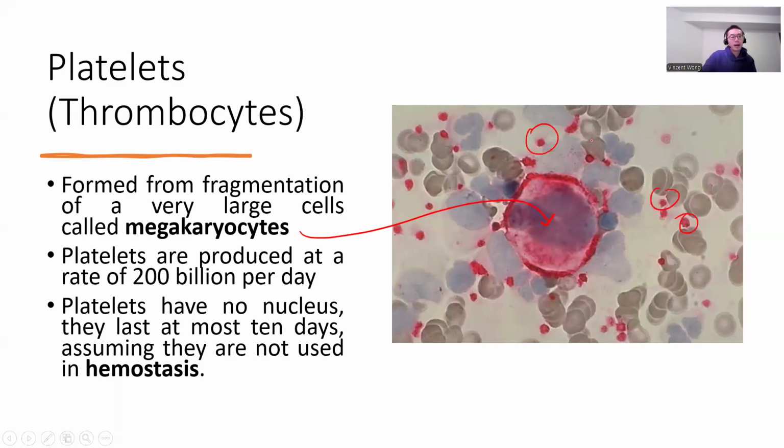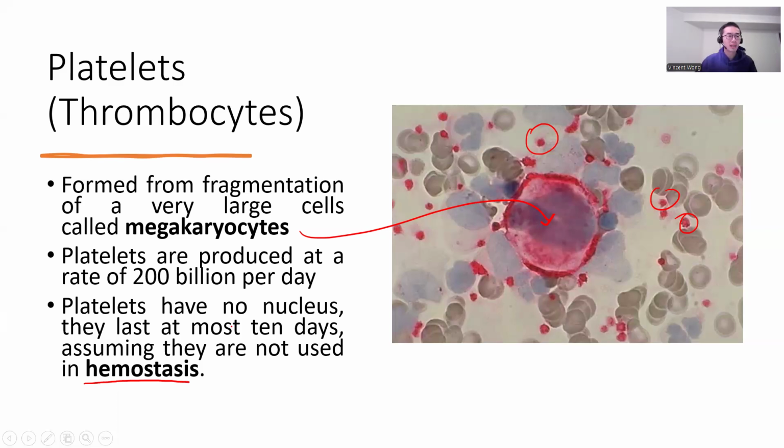You produce about 200 billion platelets per day. They don't have a nucleus and they don't last very long. They only last about 10 days unless you use them sooner. If you have a cut, then you've got to use them. Otherwise, they will stay in your body for about 10 days. The process of clotting your blood, coagulation, we learned earlier, but it's also called hemostasis.